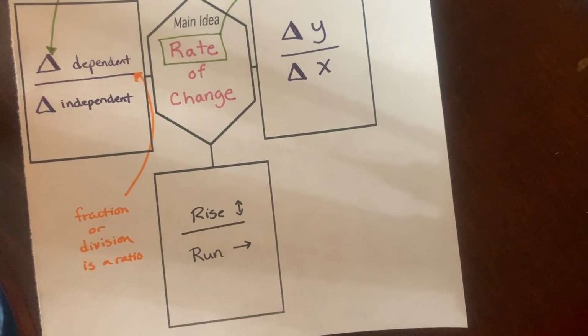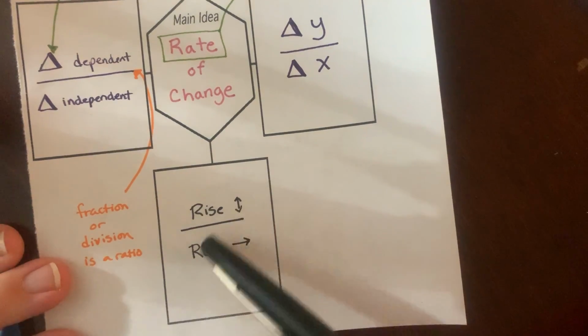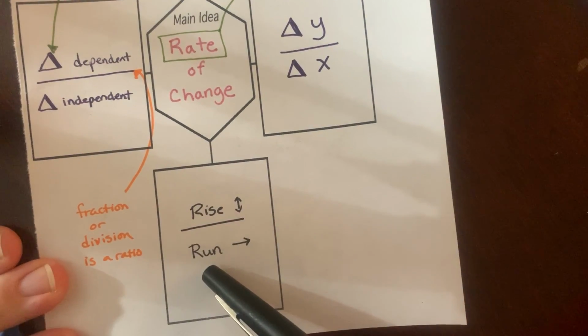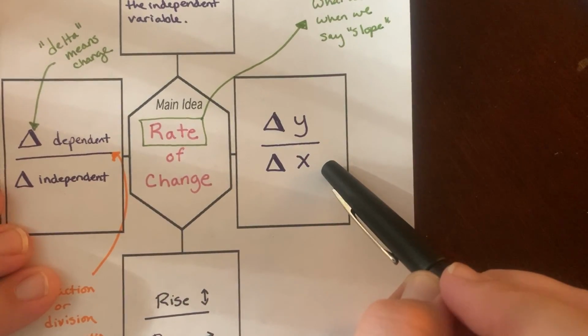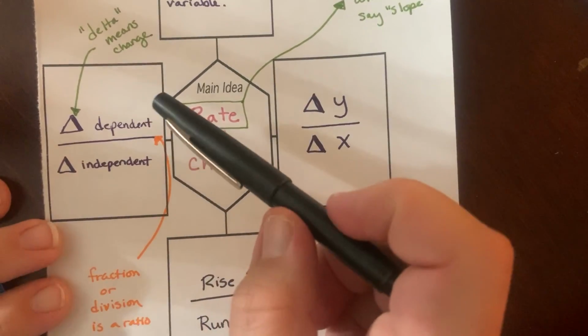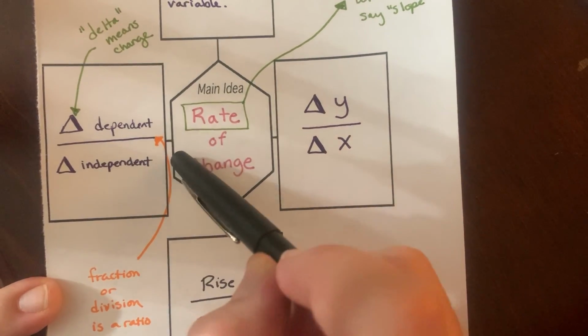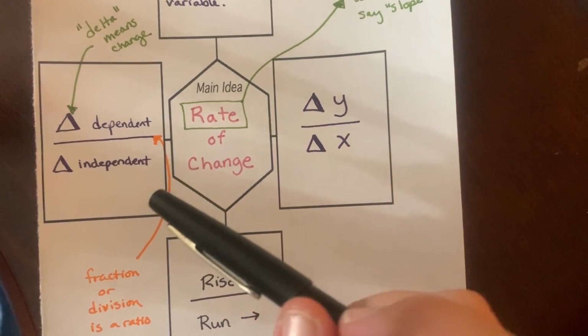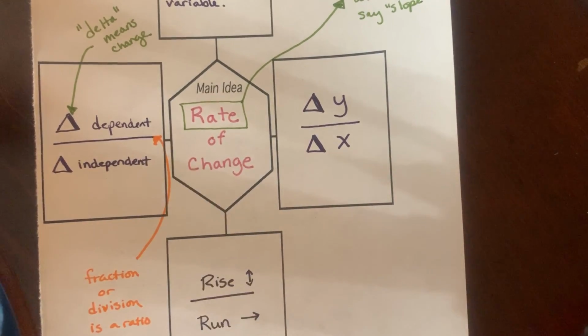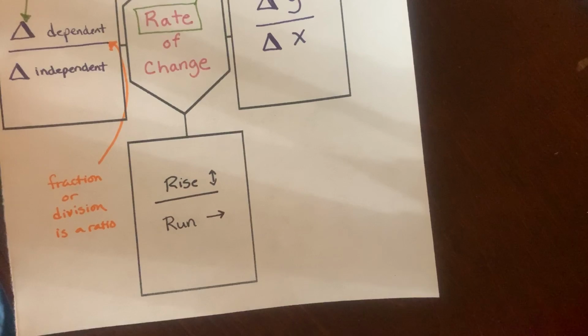I usually run to the right, the way you read a graph. So we have our rise over run, which is how I look at it on a graph. We have our change in y over change in x, which is how I would look at it with some points. We have our change in the dependent variable over the change in the independent variable. That could be the graph, that could be looking at points, that could be from a table, could be from a word problem. But one thing that's important to note and to remember is that units matter.